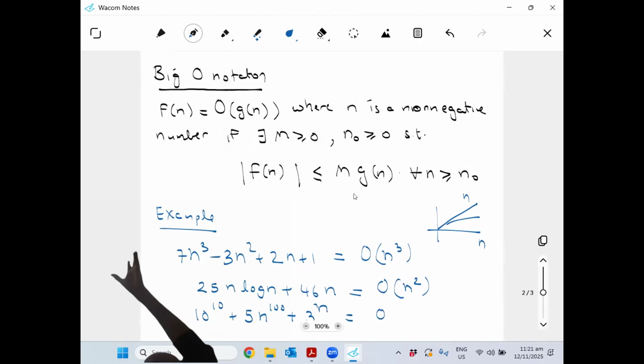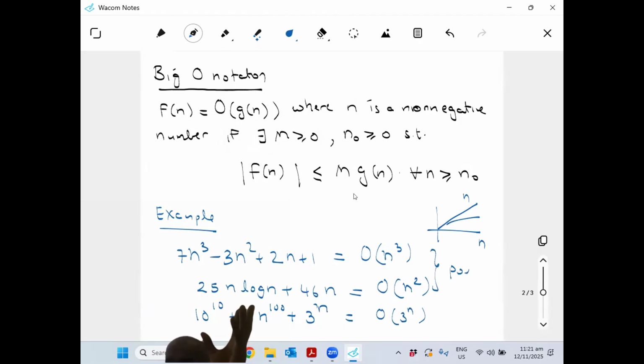It doesn't matter if there's a 10 to the power 10 there. When n grows large enough, at some point, 3 to the power n will dominate everything else. So these two are polynomial growth functions. This is an exponential growth function. We want algorithms whose running times are polynomial, if possible, in the input size n, rather than exponential. Okay. Is that clear so far?